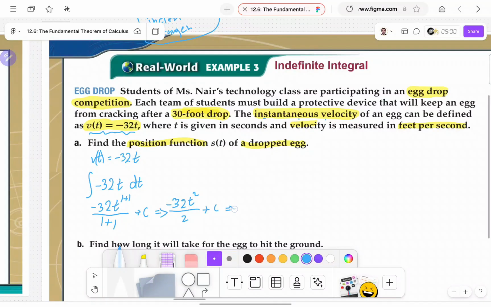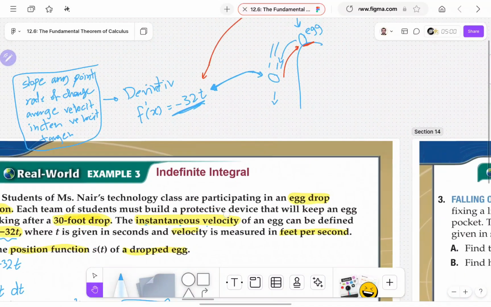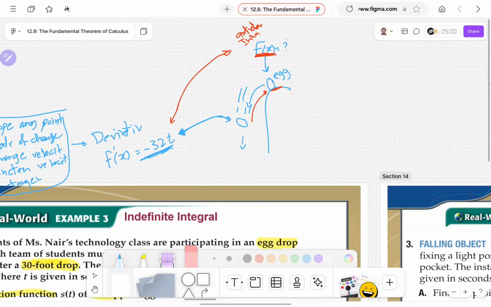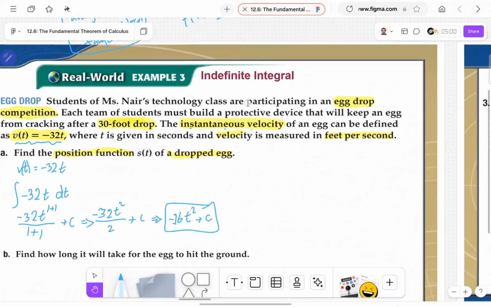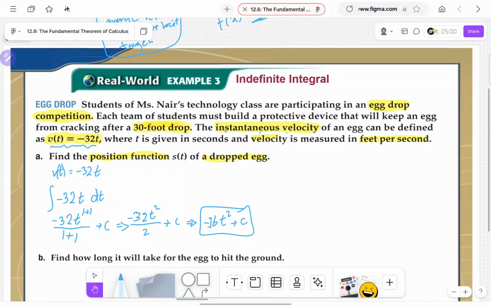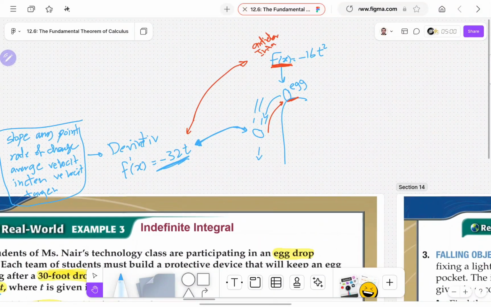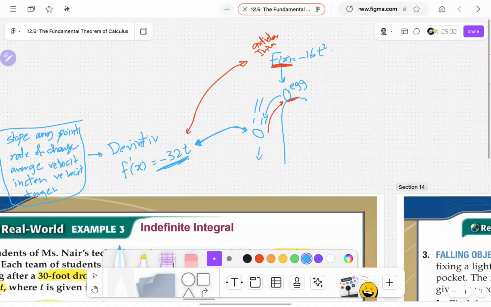We can still simplify, which equals negative 16t squared plus c. So this equation is before we dropped the egg. Sorry, don't forget plus c.